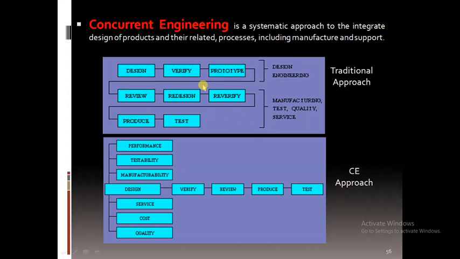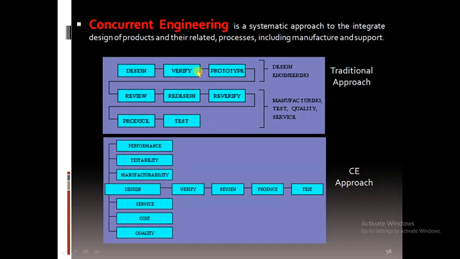Here, if initially all the departments' persons sit together and do a brainstorming activity, then later it becomes easy. In concurrent engineering, all the departments gather initially at one place, and then they decide the roadmap. But in the traditional approach it was different.